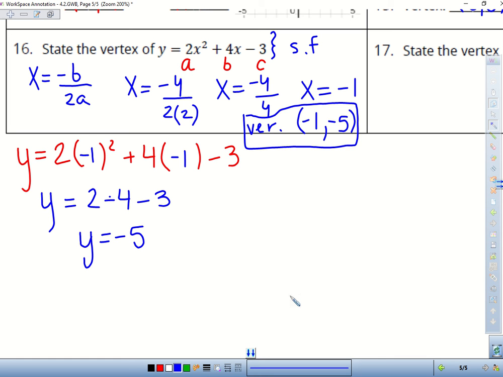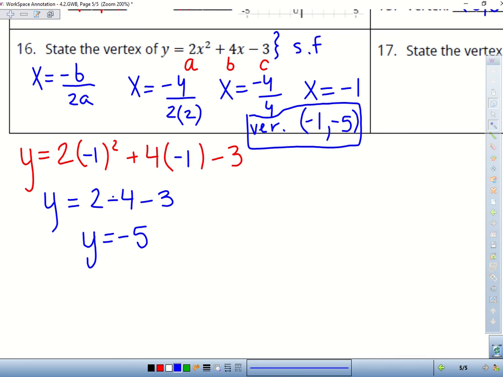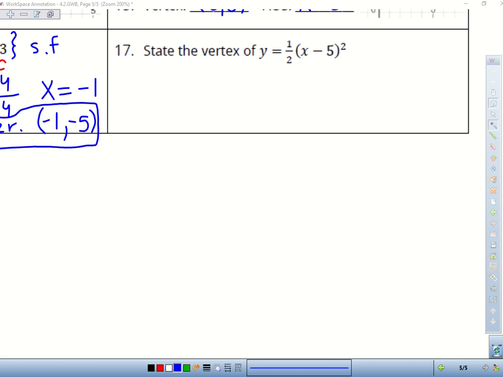So any questions about finding the vertex in standard form mathematically? Are you ready to try the next one? Okay. So what form is this one in? Vertex. It is in vertex form. This is vertex form in case you forgot. But what's the only thing it's missing? Okay.